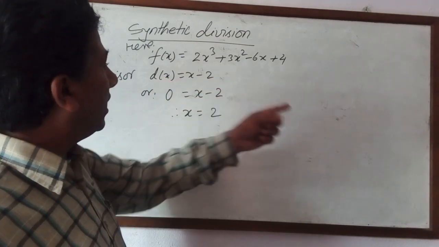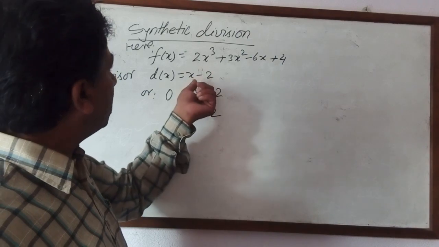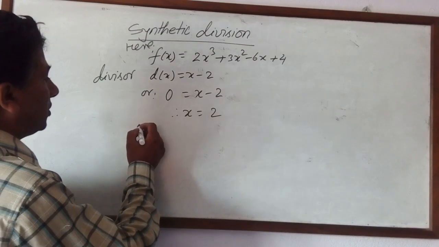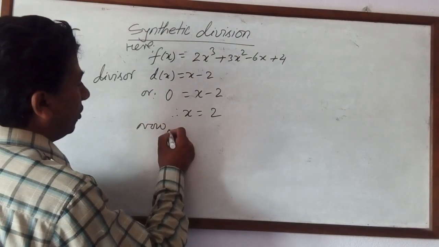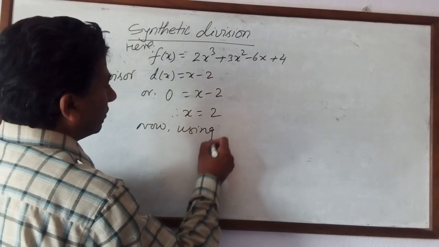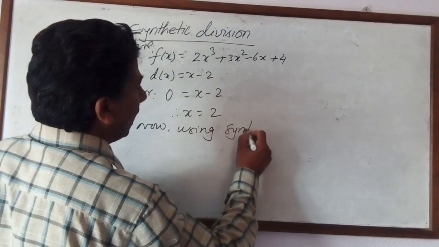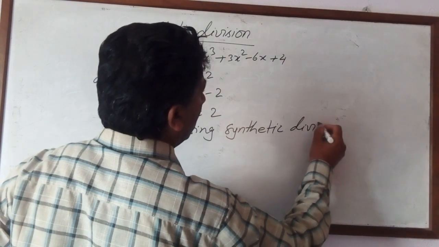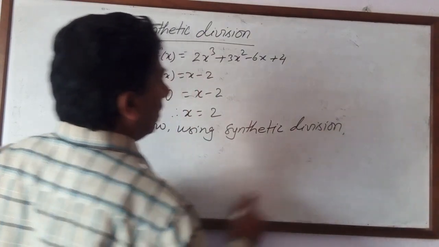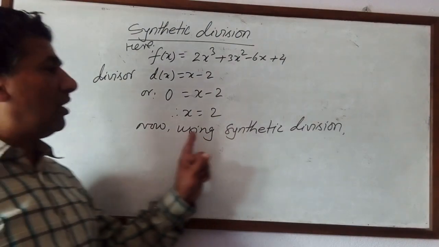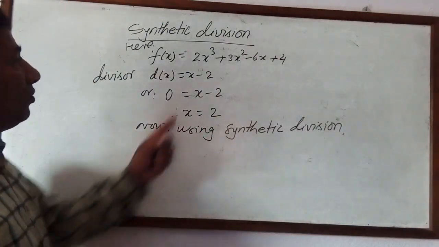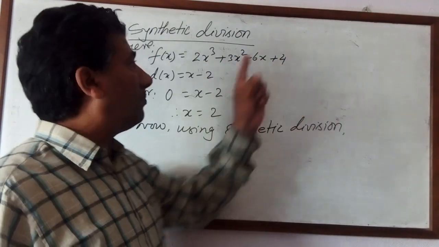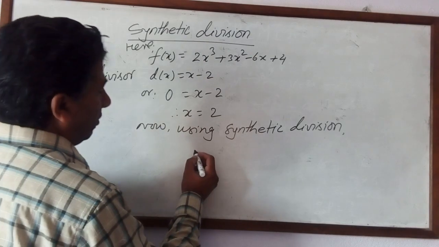In the previous slide I explained that in x minus a, in place of a there is 2. Now using synthetic division, we have to write the coefficient of each term of the variable. First x cube, then x square, x power 1, and x power 0.